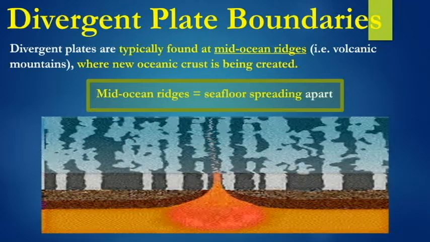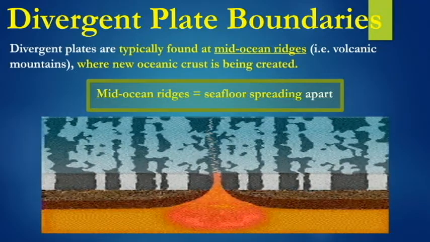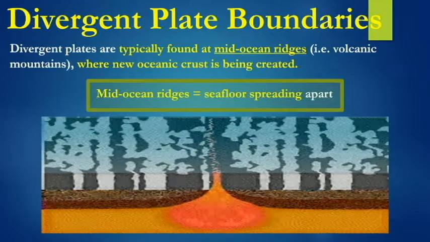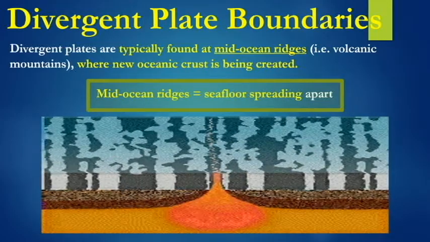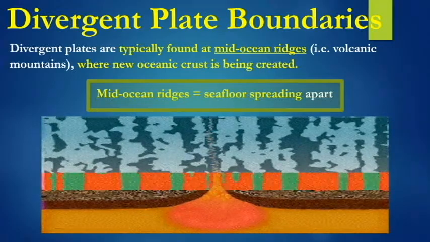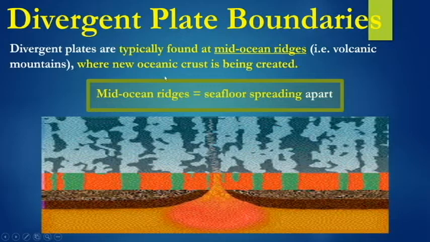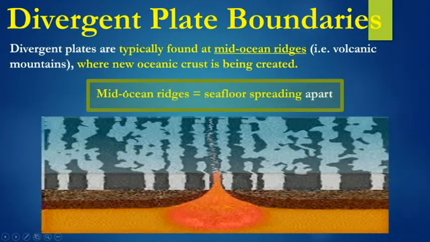Now this gets a little more complicated, so just kind of strap in here. Divergent plate boundaries, we typically find them at mid-ocean ridges, so basically these volcanic mountains, or volcanic high places in the middle of the ocean. And it's places where new ocean crust is actually being created. So we're generating new rock at those locations.